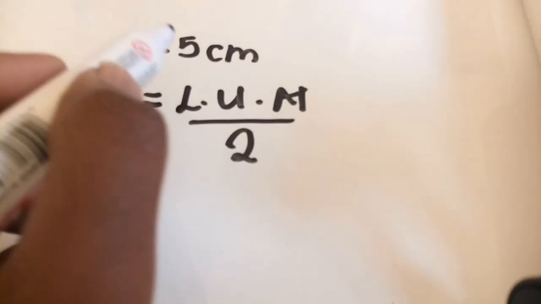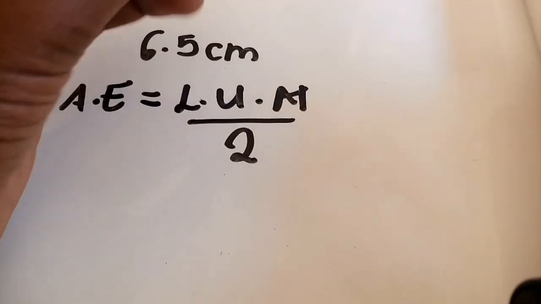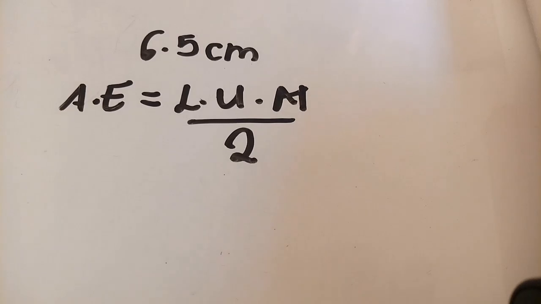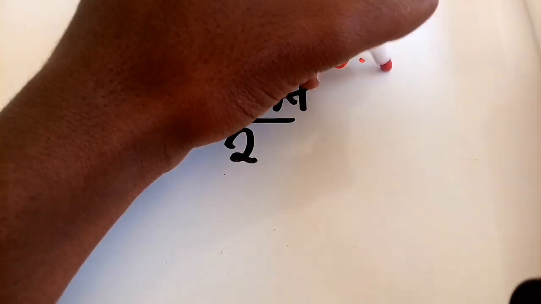The least unit of measurement of this one, since it has one decimal place, for 6.5 will be 0.1.